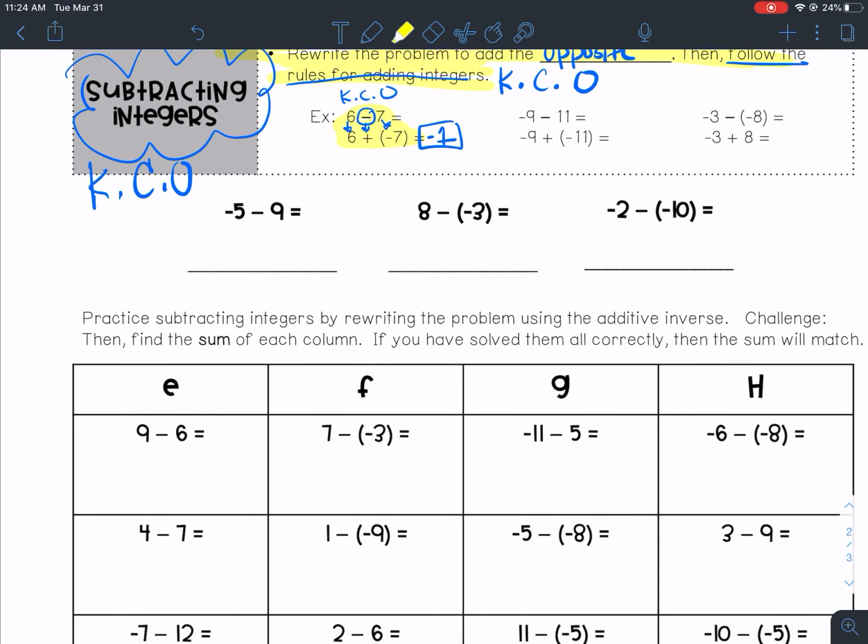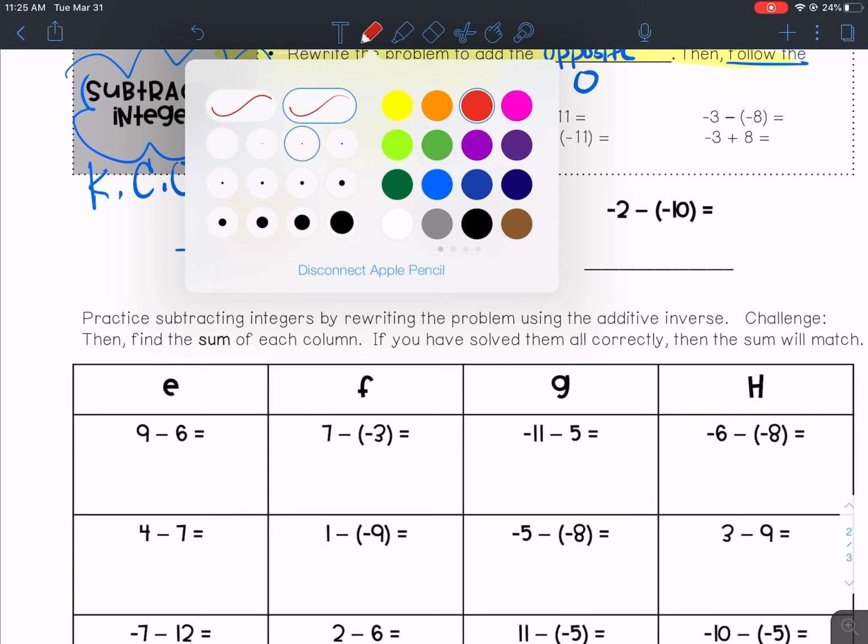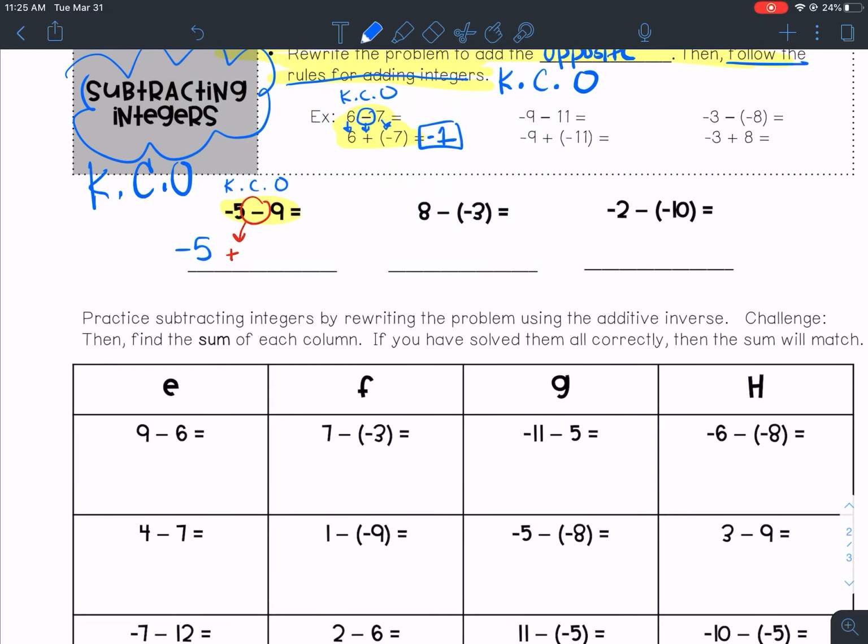Let's look at this example. I want you guys to write this down so it's highlighted. So KCO. Keep my -5. Change my subtraction to addition. And the opposite of 9 is going to be -9.